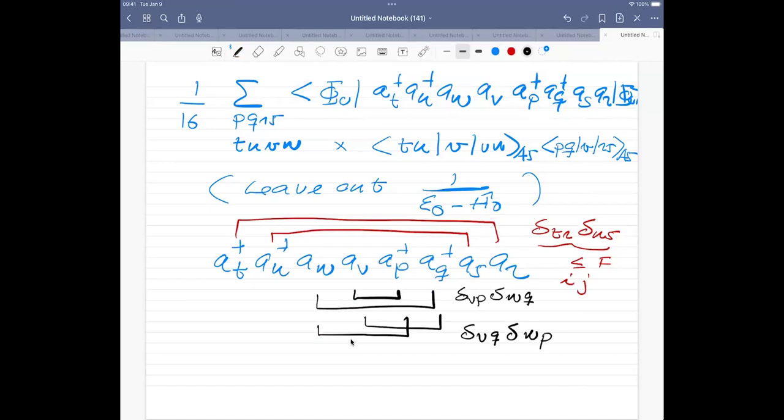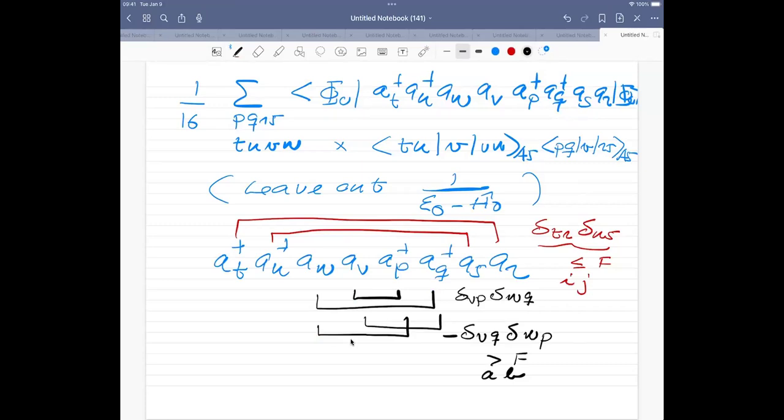And this comes with a minus sign because I have to interchange two operators. So this gives me two contributions, and the states which we have here have to be above the Fermi level. So that is going to give us labels A and B.